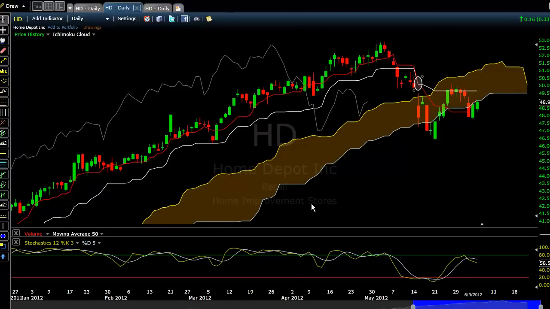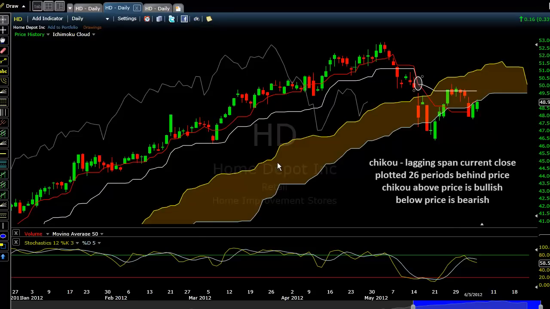So that's Home Depot, and we covered Tenkan-sen, Kijun-sen, Chikou, span A and span B, but we didn't cover Chikou to a great extent. So Chikou is the closing price projected 26 periods to the rear of the close.